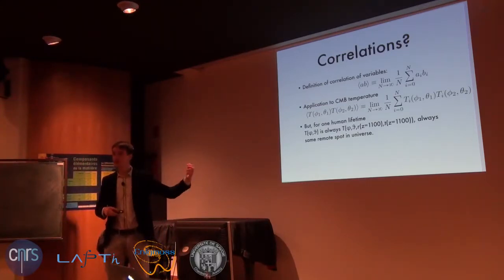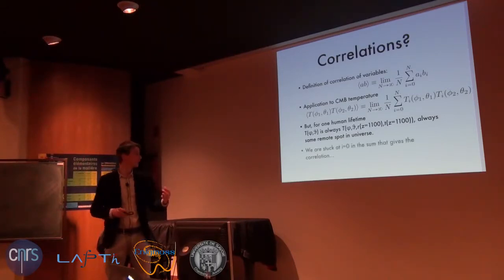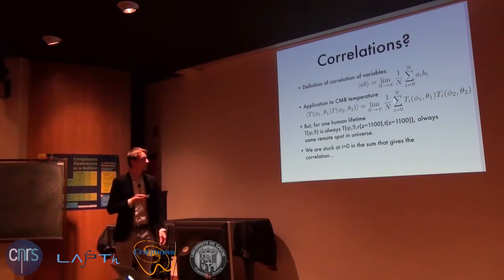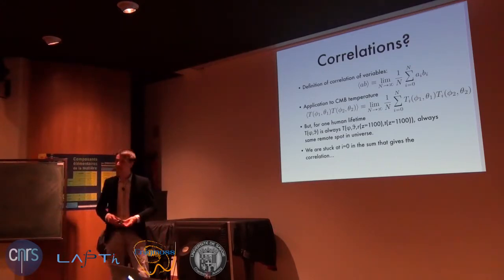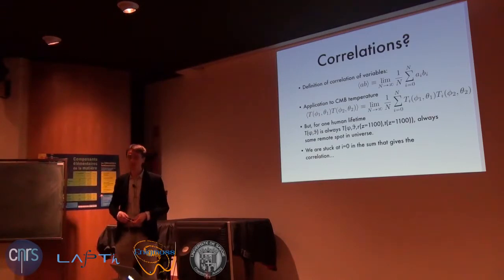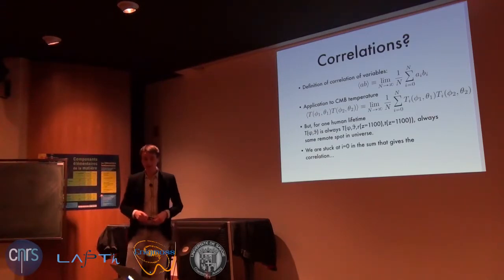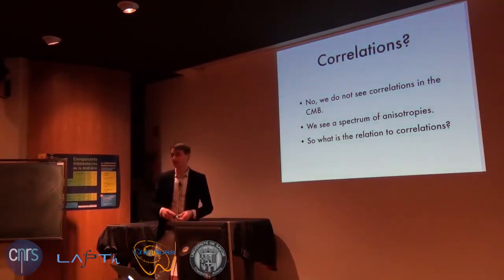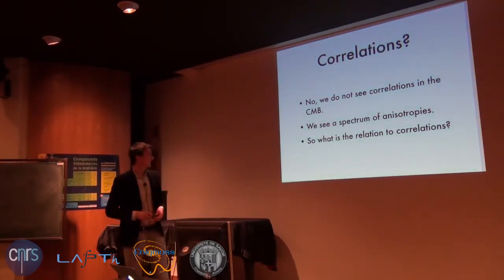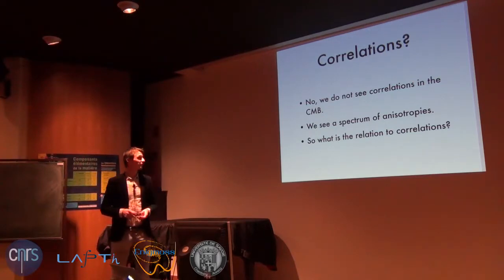So if you measure it today and you measure it tomorrow, it will be the same temperature. It will be the same realization. So we are stuck at the first entry in this infinite sum that you would like to do if you want to measure correlations in the cosmic microwave background. So, no, we don't see correlations in the cosmic microwave background. We only see a spectrum of anisotropies.